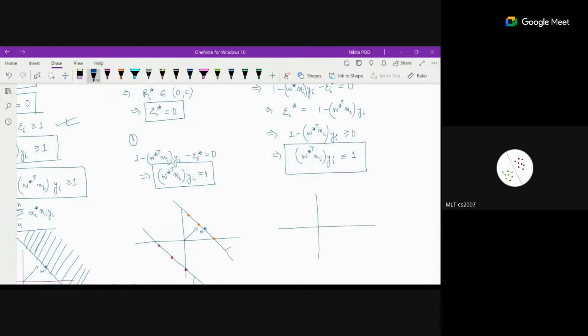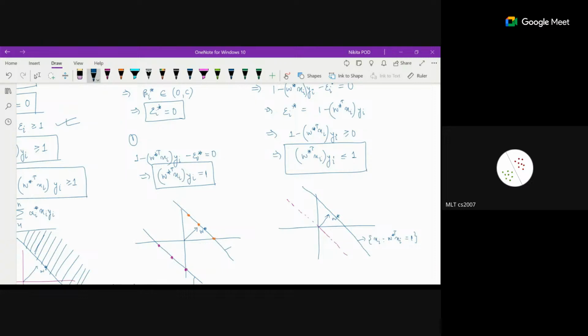If this is my W star, and this is, again, the set of all xi for which W star transpose xi is equal to 1, since this is the boundary, any point on this side will be contributed towards the positive label, or +1, and the other side will be -1.